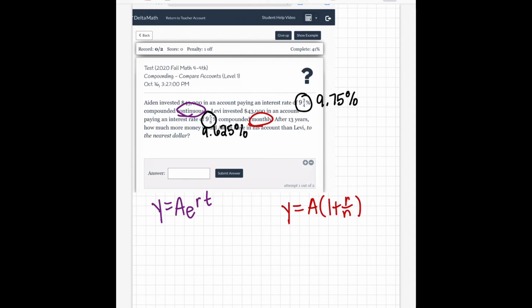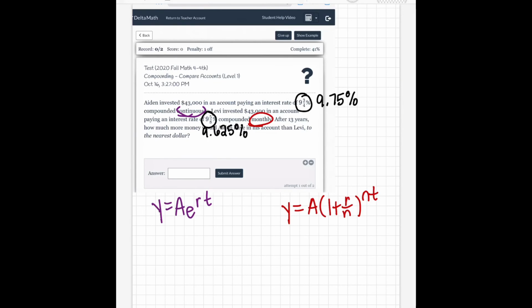So for monthly, we're going to use our compounded formula. Then it says after 13 years, how much more money would Aiden pay to the nearest dollar? So first we got to figure out how much each one paid individually and then compare them.